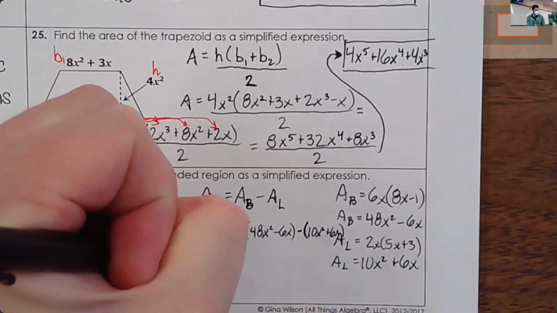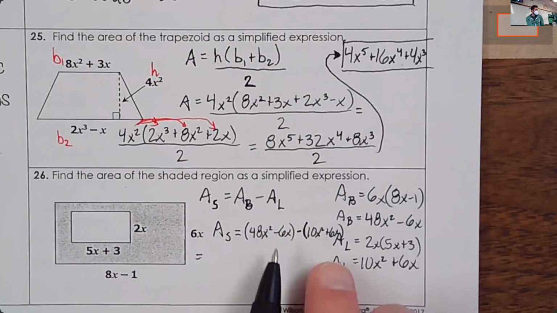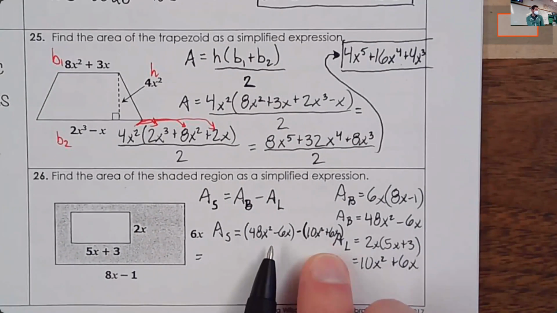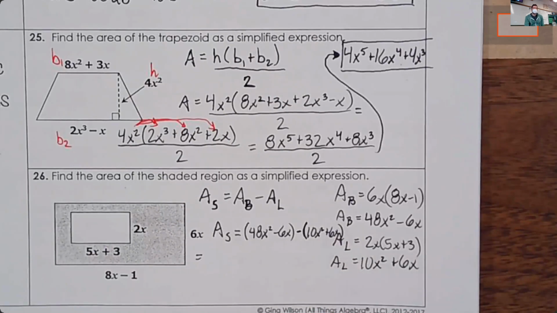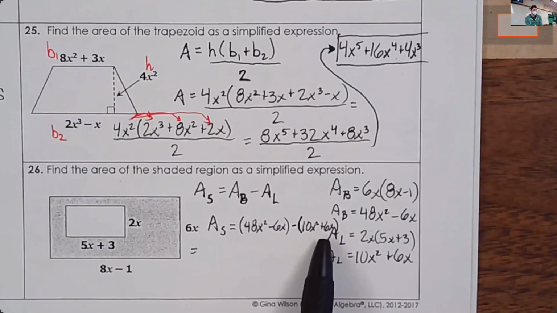So that equals. Now, if we're looking at this right here, this looks exactly like what we did yesterday. We're subtracting two polynomials. And so with polynomial subtraction, if you're subtracting something that has multiple terms, that thing has to be inside parentheses, which is why I did that.